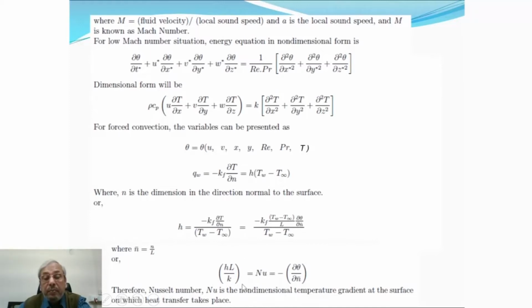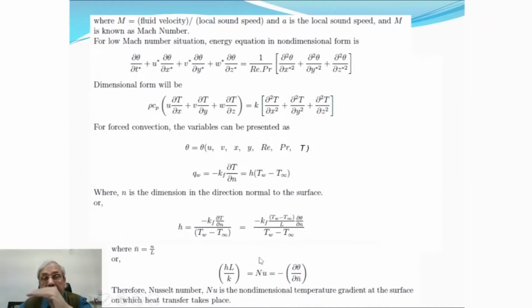But in the case of the Biot number, it was HL by K, but that was K of solid. In the case of Nusselt number also, it is HL by K, but here it is K of fluid. So HL by K, when K is the thermal conductivity of the fluid, is the Nusselt number.